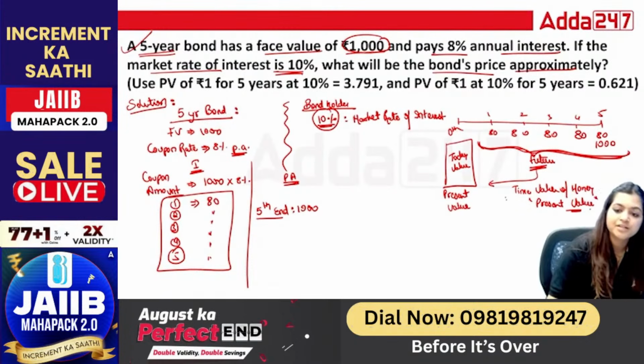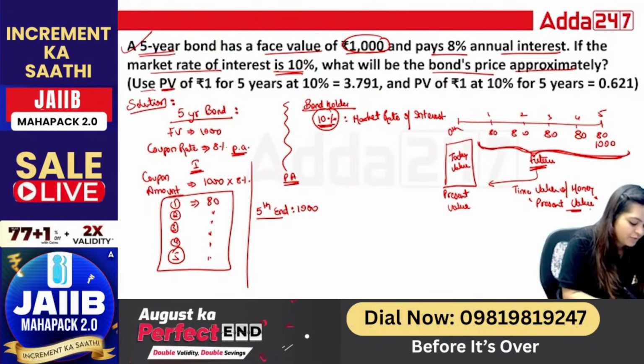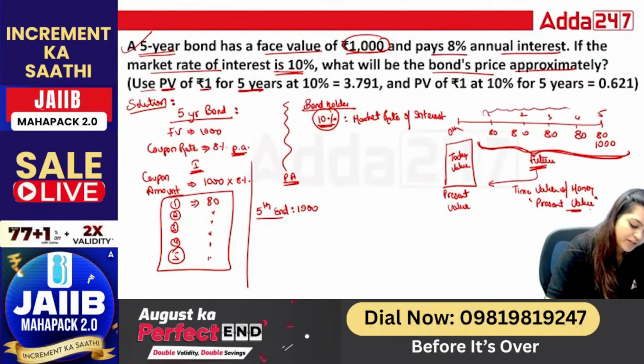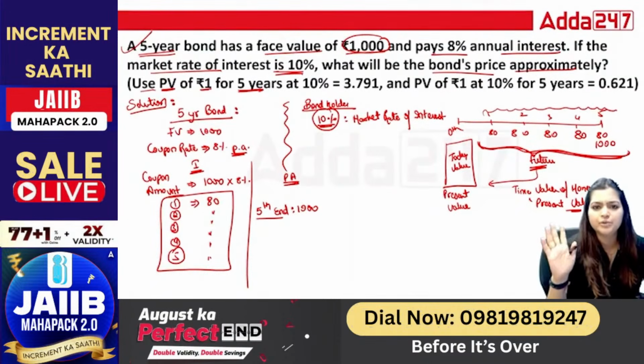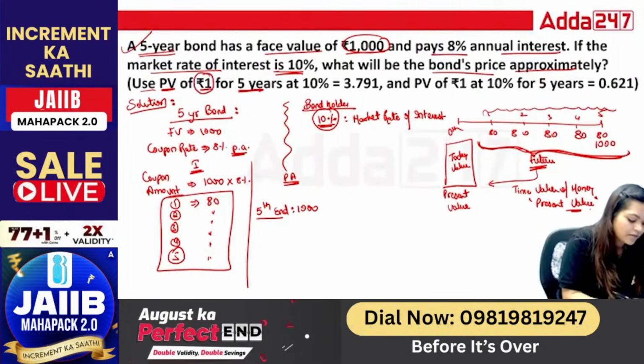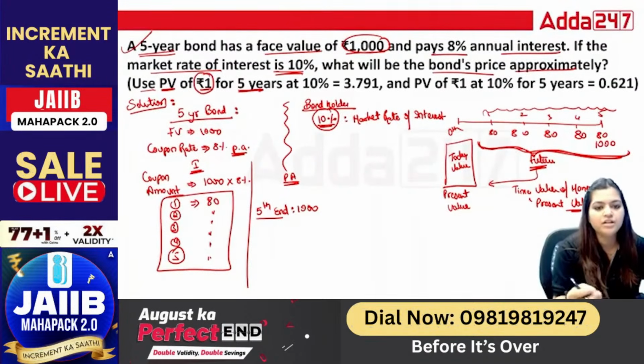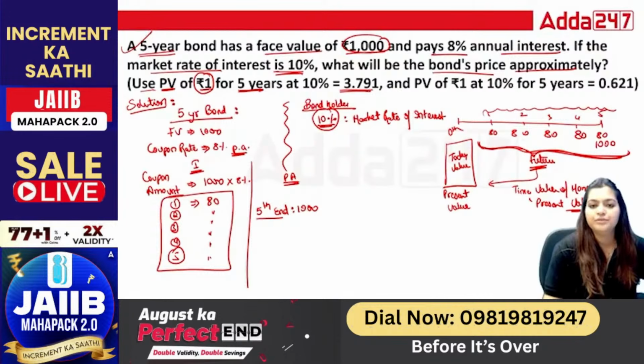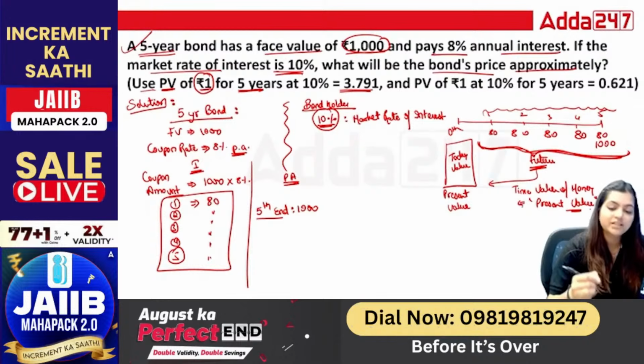Luckily, in the question they are giving the hint to use present value for rupee 1 for 5 years. If you earn 80 rupees for 5 years, use this 3.791. This is the present value calculated at the market rate, that is 10%, and they have mentioned it here.